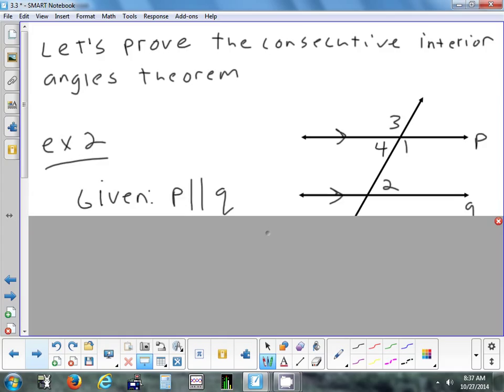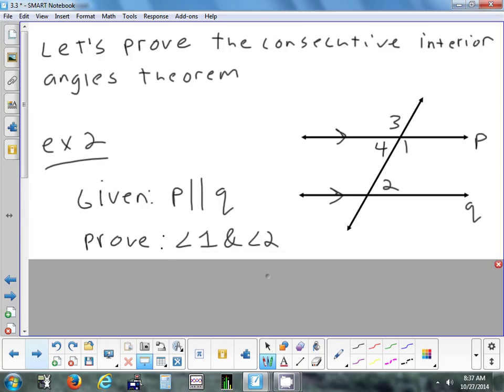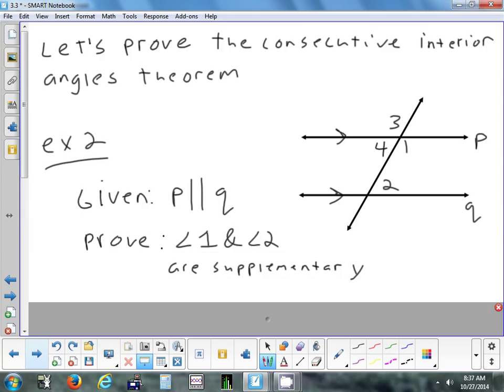Okay. So in this case, I've drawn two parallel lines, P and Q, and I've labeled some angles there. So given that P is parallel to Q, I want you to prove that angle 1 plus angle 2 are supplementary.